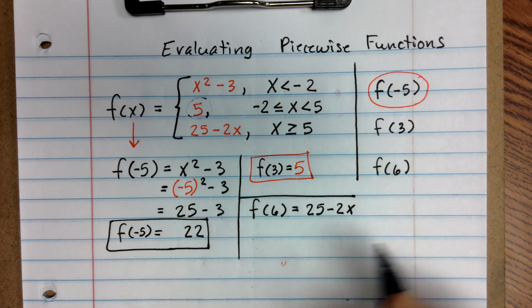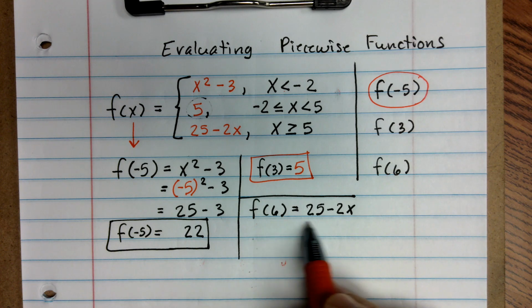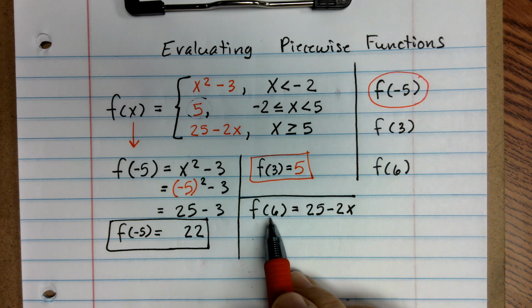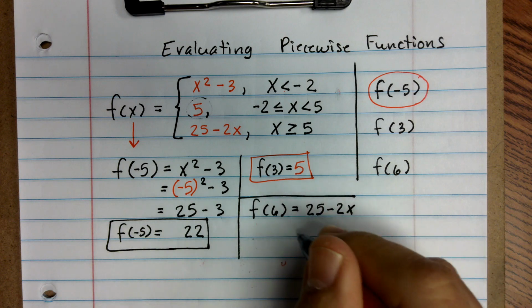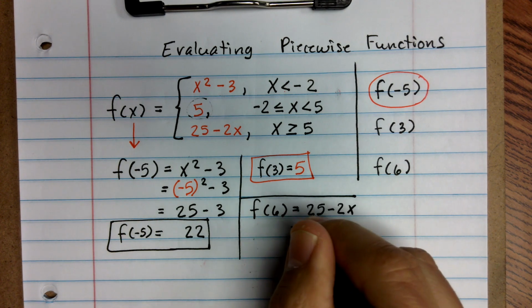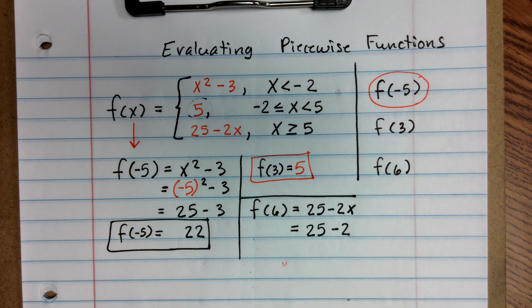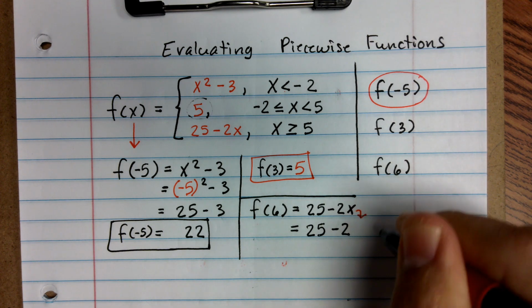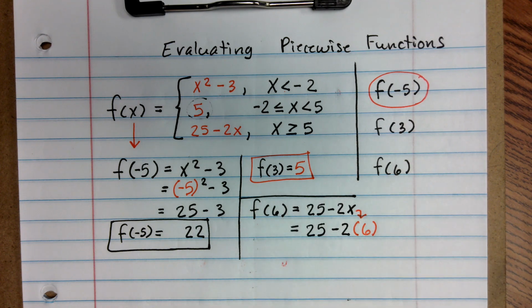Keep in mind, because we're doing f of 6, and it does meet this criteria, anytime that we have an x, we are going to simply substitute it with our element that's right here. So I'm going to take that 6 and replace the x with it. So this is going to be equal to 25 minus 2, but instead of an x, I'm going to put a set of parentheses here and put the 6 in there.